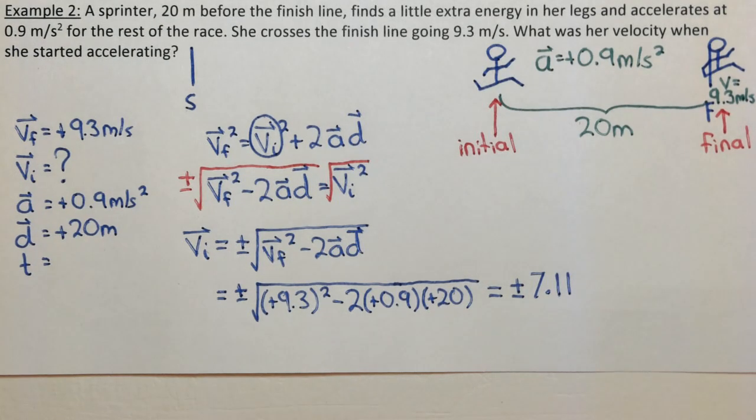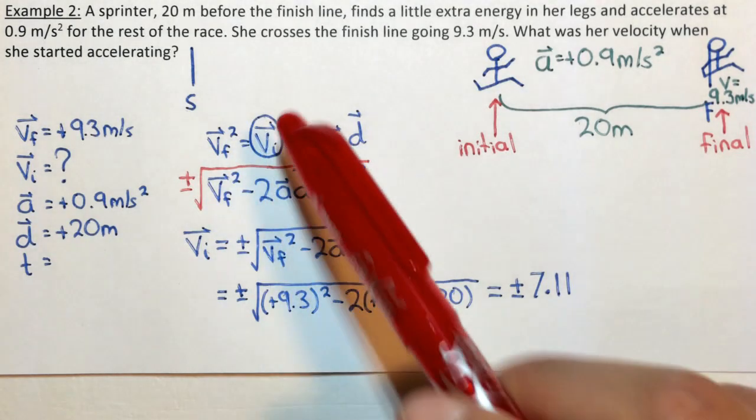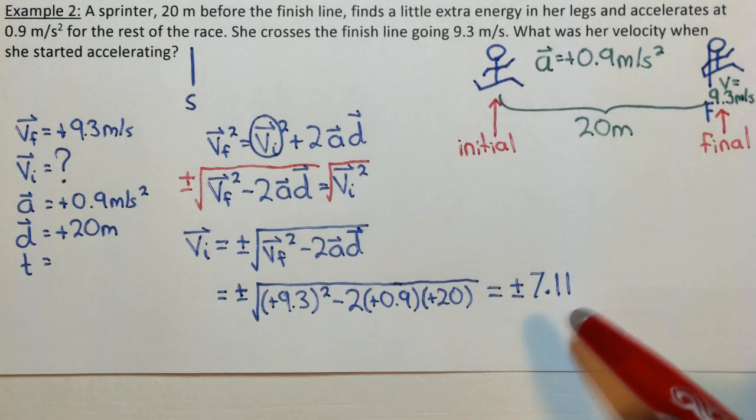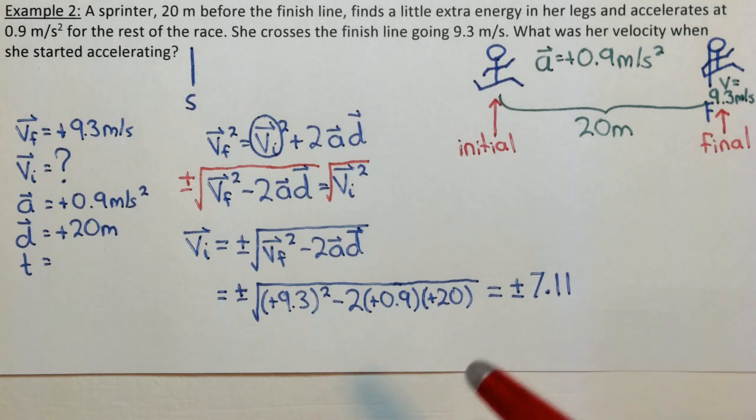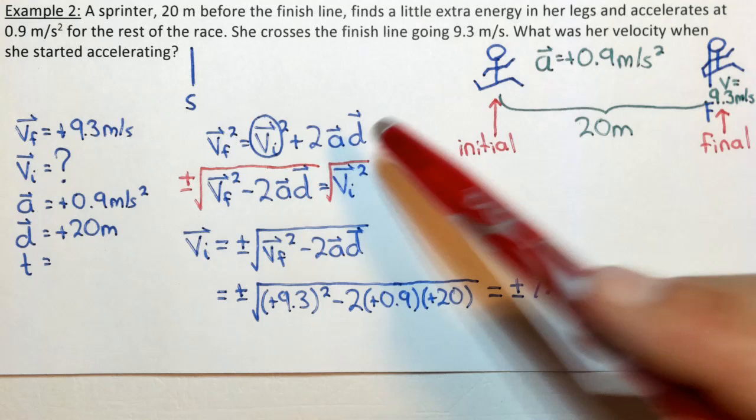Now, what's with this plus or minus? This is a situation where the math can only get us so far. As far as math is concerned, this equation has 2 solutions to it. One of them is positive 7.11, and one of them is negative 7.11. The math isn't wrong about that. But what the math didn't know is what this formula represented for us.